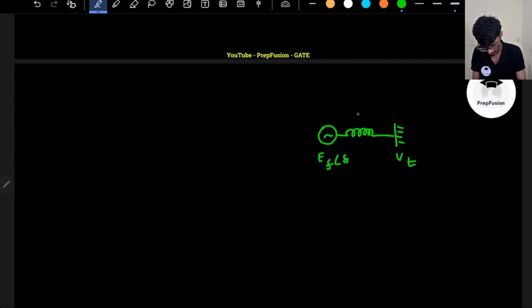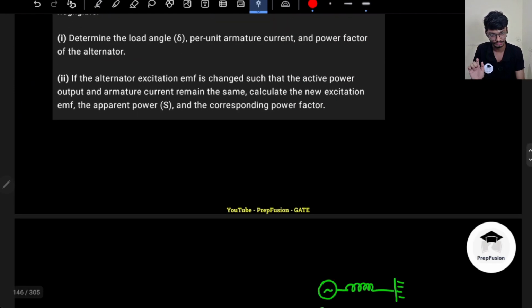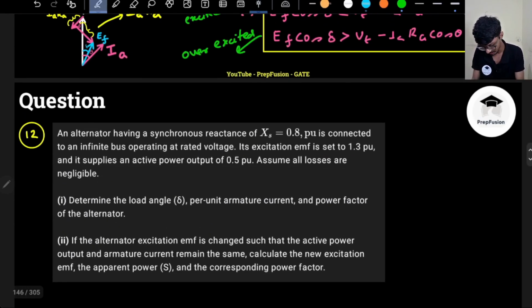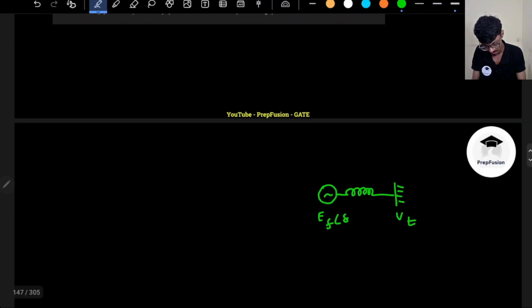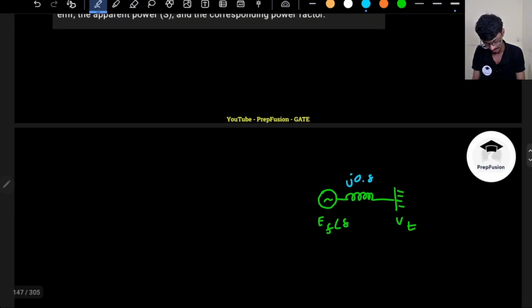Synchronous reactance is given, and they have told me to neglect losses. Losses meaning RA is 0. Whenever they say neglect losses, that means RA is 0, iron loss, all those things are 0. So I have only this j0.8 pu synchronous reactance.